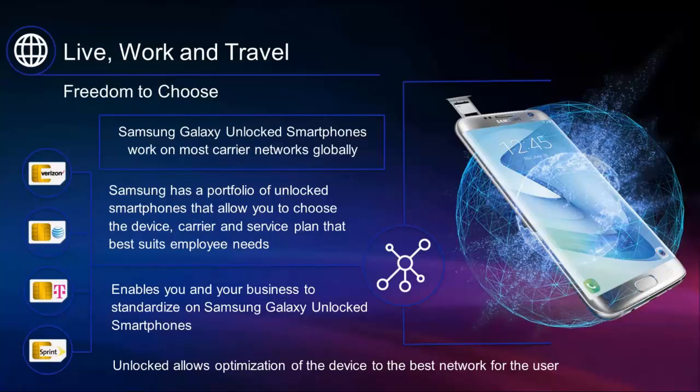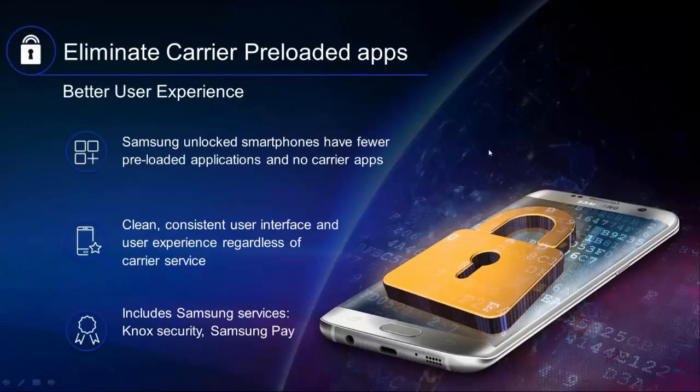This allows you and your business to standardize then on Samsung Galaxy unlocked smartphones and allows for the optimization of each of the devices to work on the best network of your choice. Another reason, and this is primarily on the enterprise side, is that unlocked phones can reduce and eliminate the carrier preloaded applications in order to provide a better user experience.